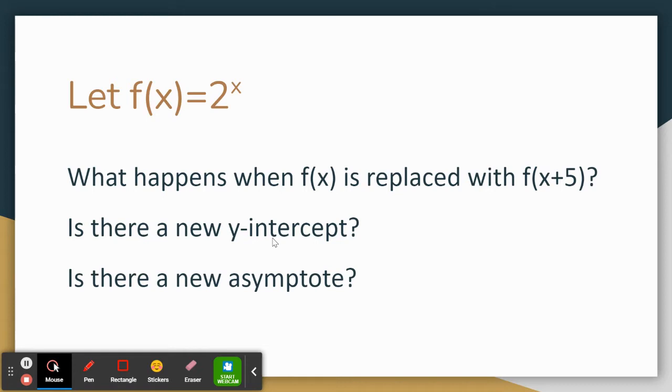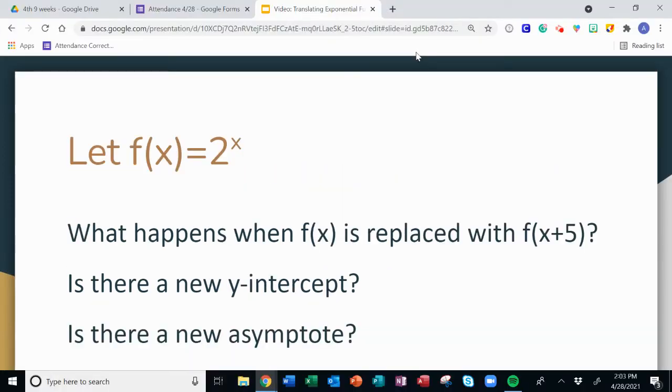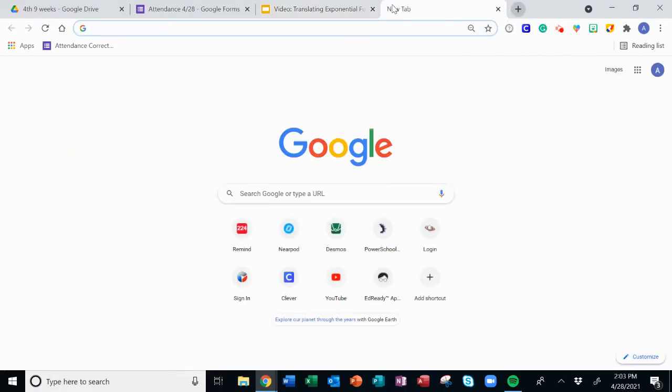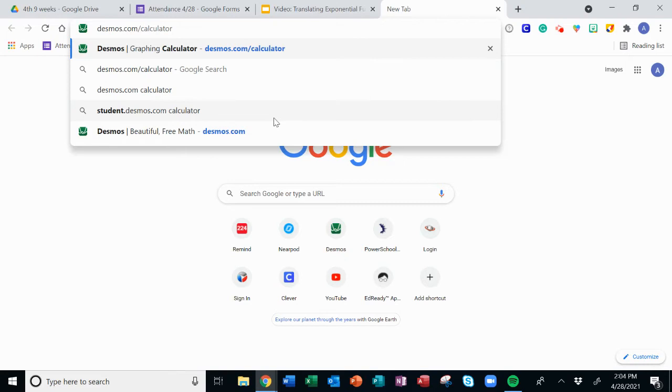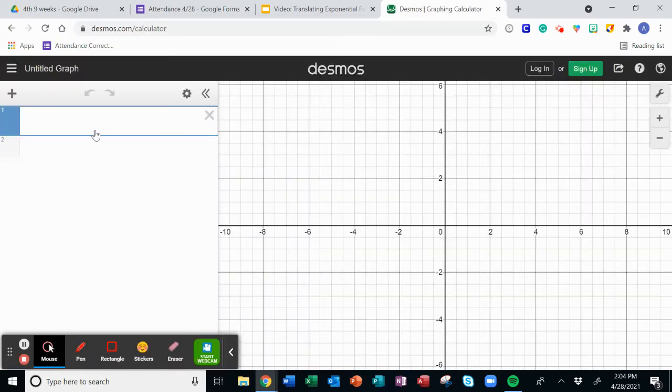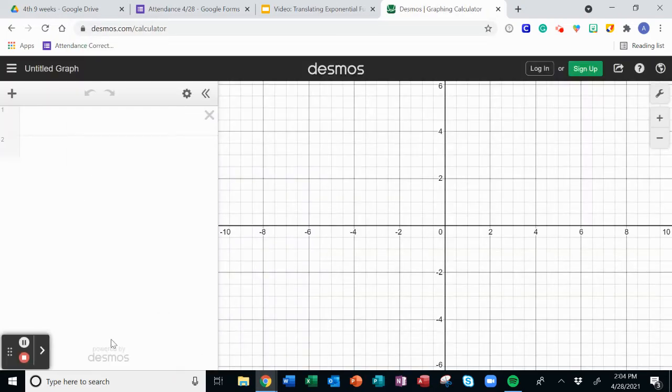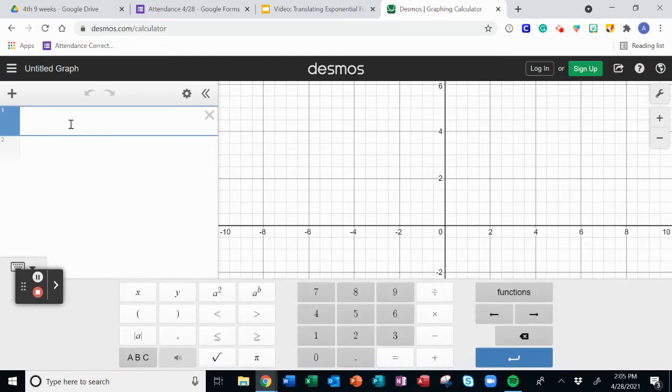So first, let's determine what the y-intercept and the asymptote are for this parent function 2 raised to the x power. So I'm going to go to Desmos, which is an online graphing calculator, and graph. And here's my keyboard.